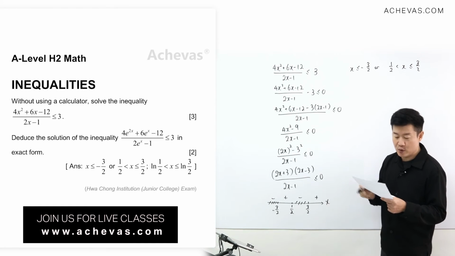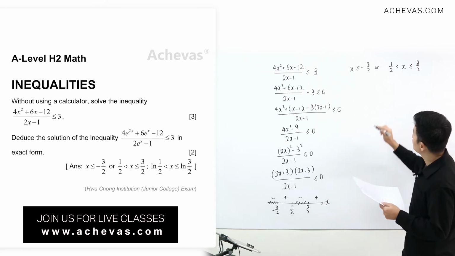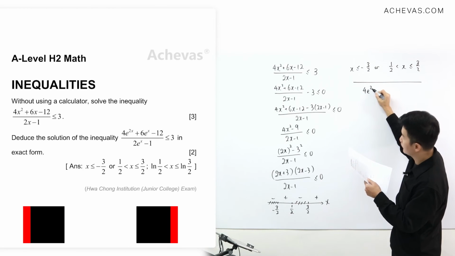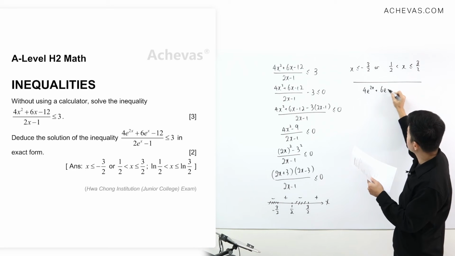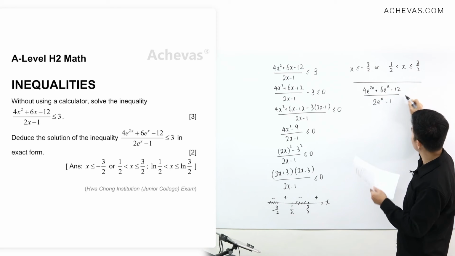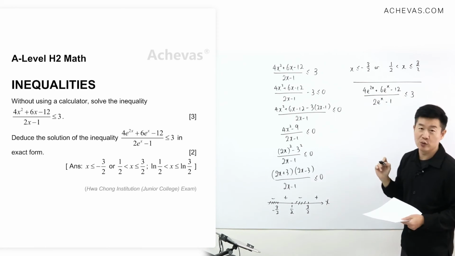Next, we are supposed to make use of what we have here to deduce this: (4e^(2x) + 6e^x - 12)/(2e^x - 1) is less than or equal to 3.